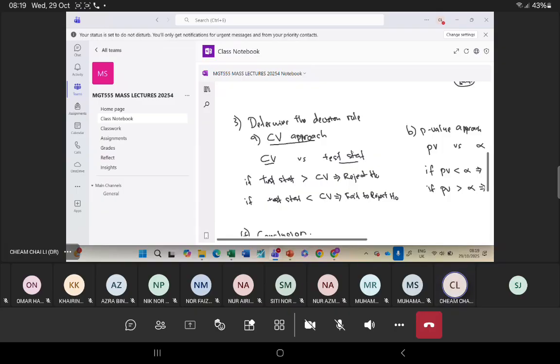Okay, for critical value, you have to compare the critical value and the test statistic. Usually we have to calculate the test statistic, and then the critical value. But this time, with one sample hypothesis testing, we can do it manually. We can calculate it using the formula and key it in Excel.